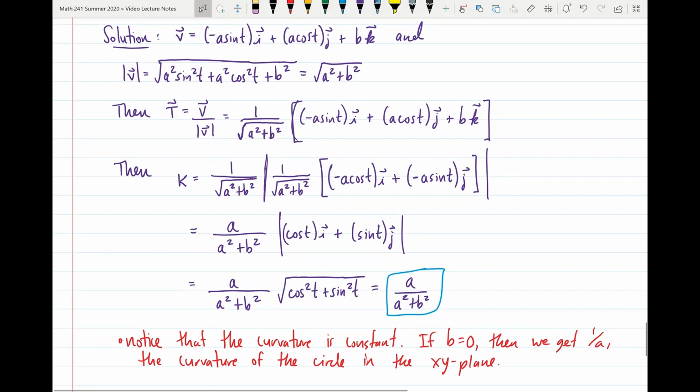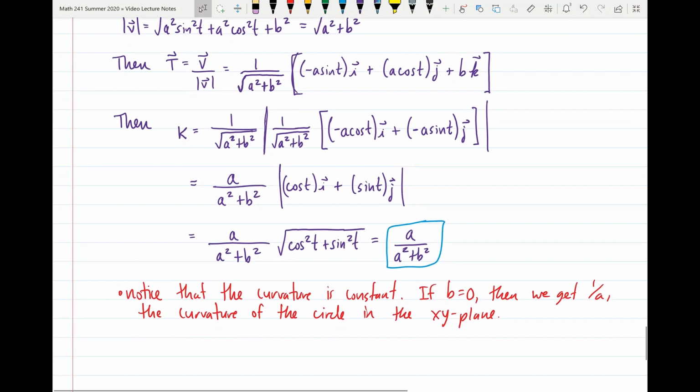So once we have this information, we can calculate the unit tangent vector, which is equal to the velocity vector divided by the magnitude of the velocity. So that gives us a scalar 1 divided by the square root of a squared plus b squared, multiplying the velocity vector, which again is negative a sine t i plus a cosine t j plus b k.